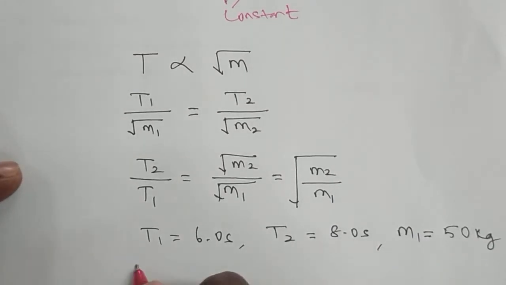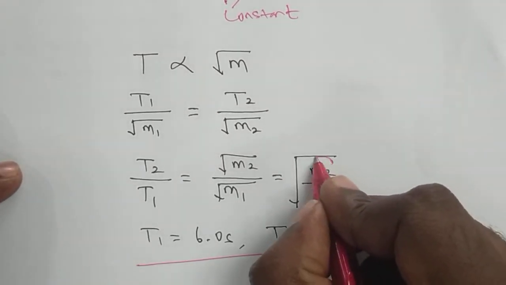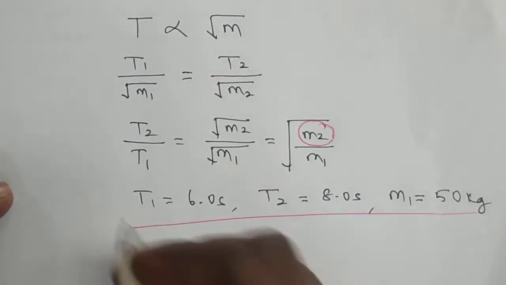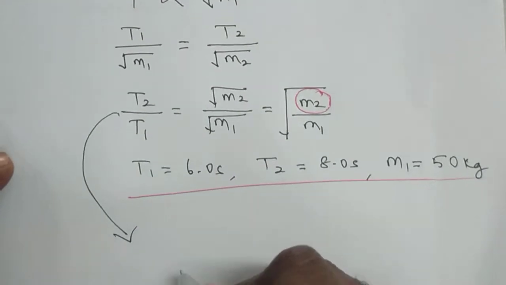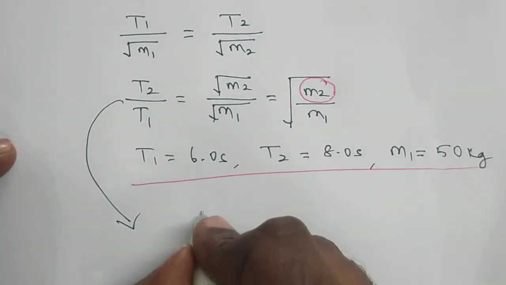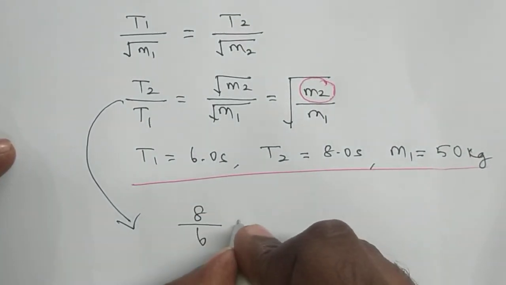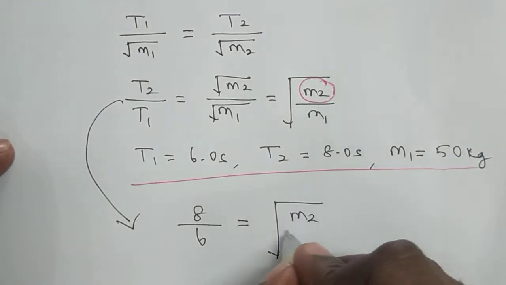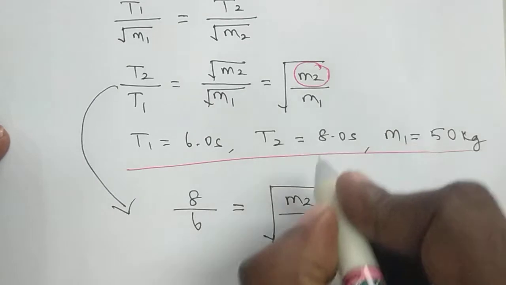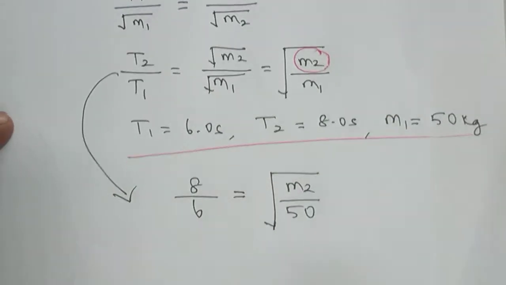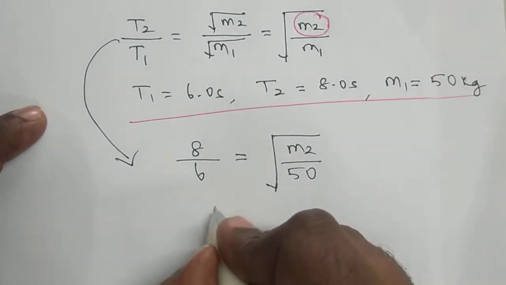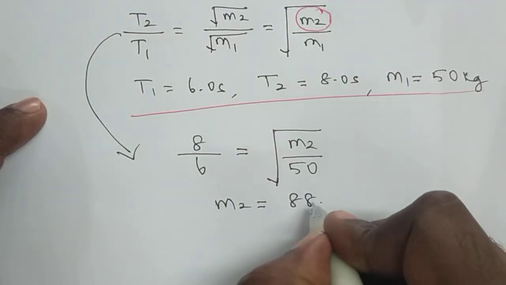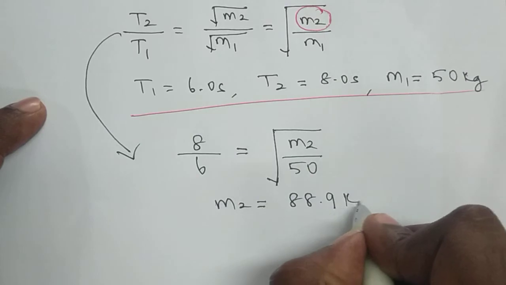So with these values, you can find the mass 2. So from this equation, 8 over 6 equals square root of m2 over m1, 50 kilogram. So m2 equals 88.9 kilogram.